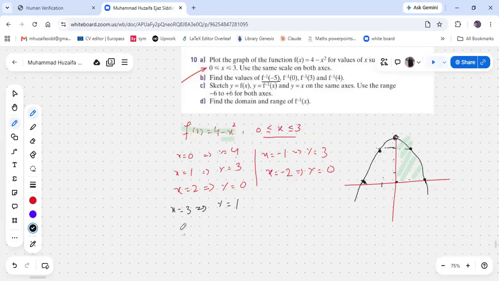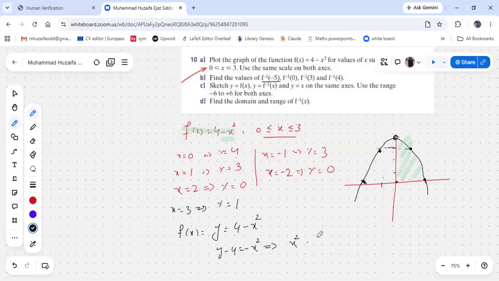How do we find it? I'm already telling you. So f of x is equal to y is equal to 4 minus x square. We can separate the values of x to the other side, and this is y minus 4 is equal to minus x square. So can I write it in this format?